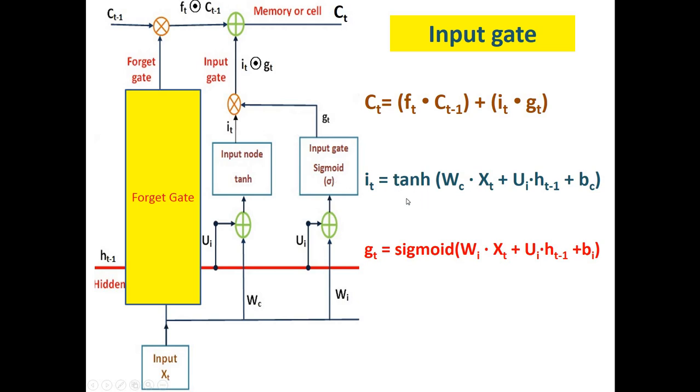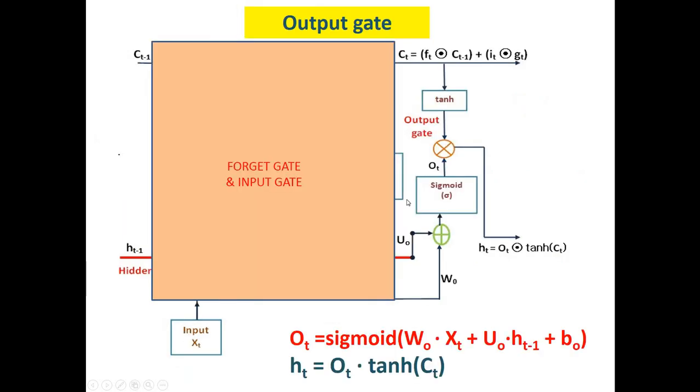This is how an input gate looks. The output gate comes after the forget gate and the input gate. Here also you are using a sigmoid activation function and also a tanh function, and this is how it looks.